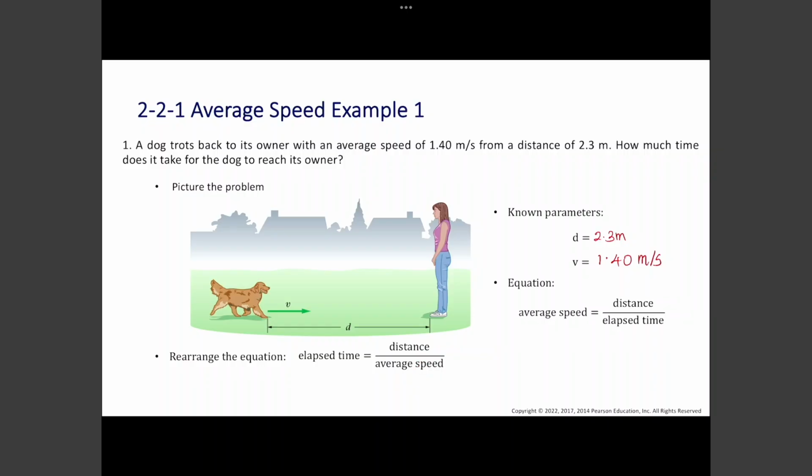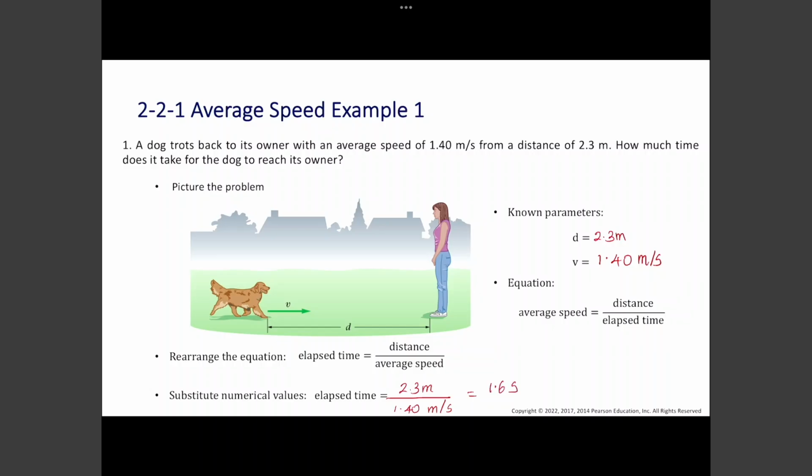And now we just have to substitute the numerical values given. So the distance is 2.3 meters and the speed is 1.40 meters per second. So the answer is 1.6 seconds.